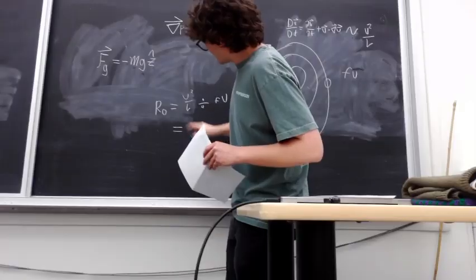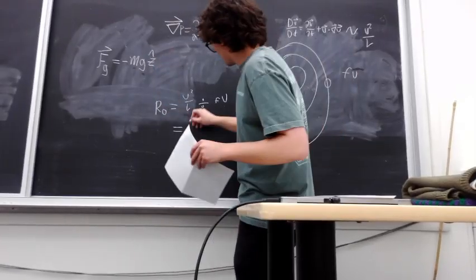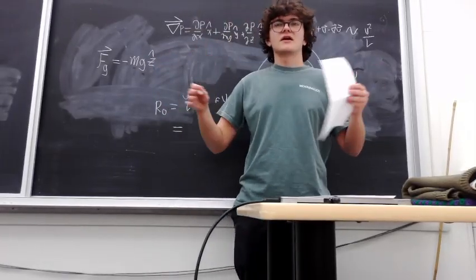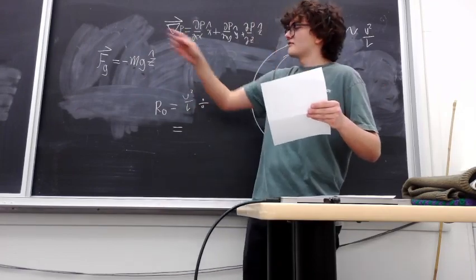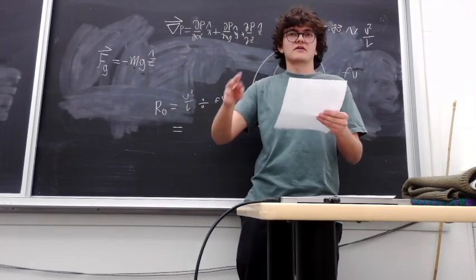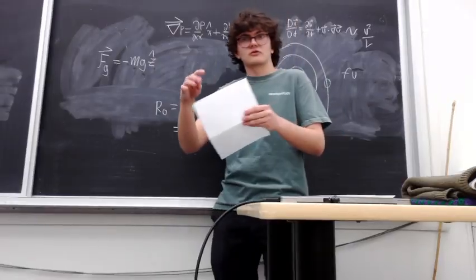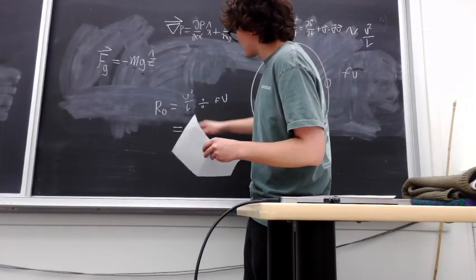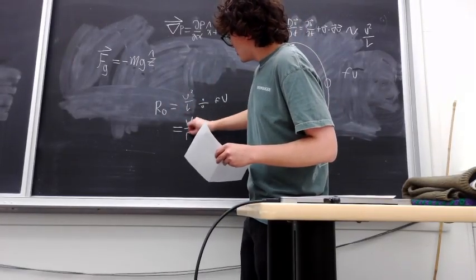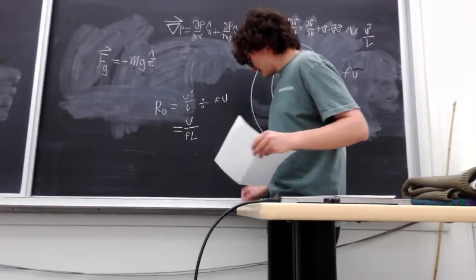And what we will find is that this number, which I claim gives us essentially the ratio of the inertial force compared to the Coriolis force acting on this section of the fluid, is going to be U over fL. Okay?